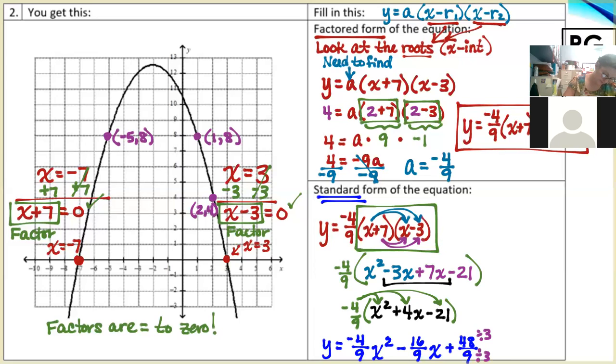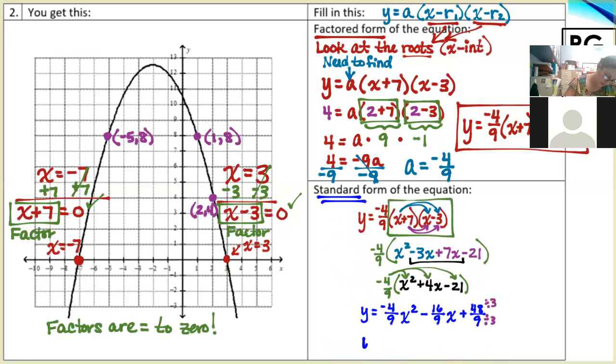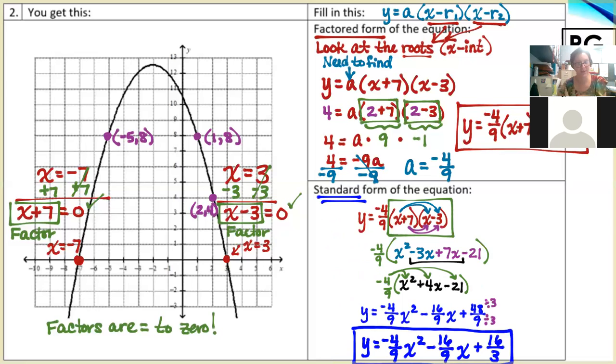And so the standard form of the equation, if I fully reduced it, would be y equals -4/9 x squared minus 16/9 x plus 16/3. Now, come the midterm, I'm not going to give you some gross fractions like that to work with, but when we're just practicing, that's okay.